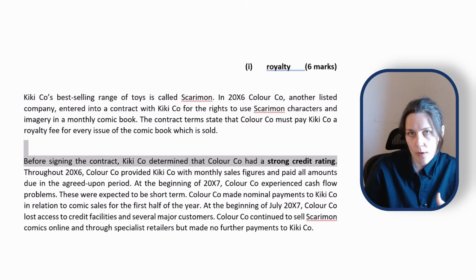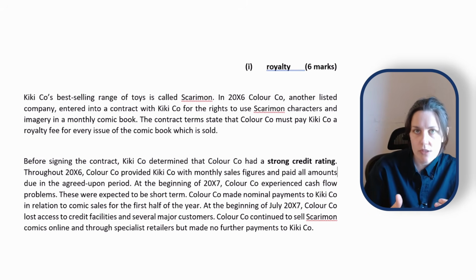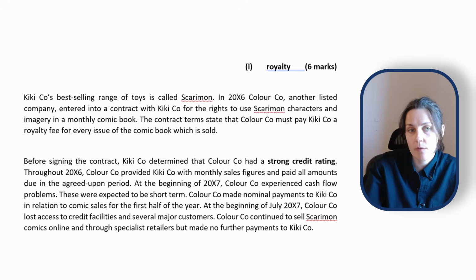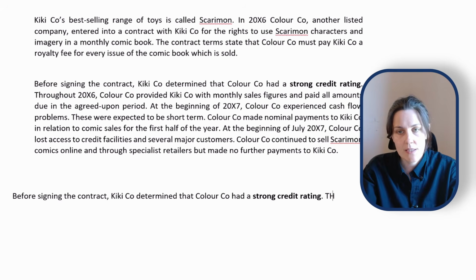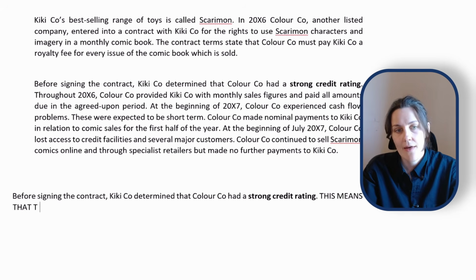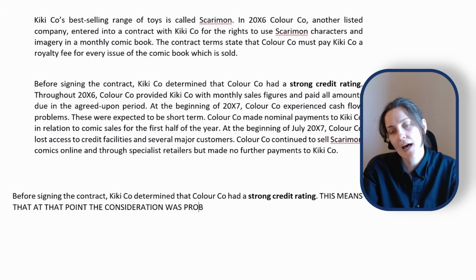If we remember step 1, we remember that there was a provision that consideration needs to be probable. And that strong credit rating, it's actually about the probability of the consideration. So what I would do, I would copy paste it, then I would say this means that at that point the consideration was probable and revenue should be recognized.